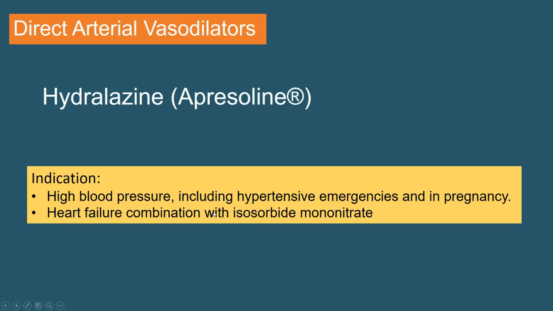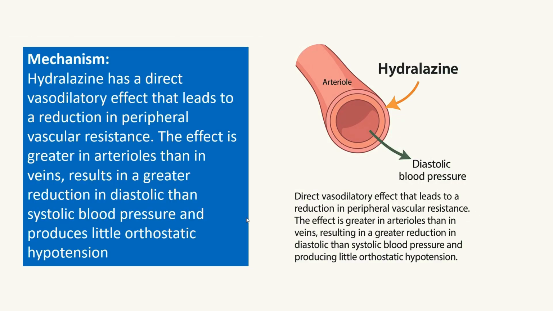Therefore, it is used in hypertensive emergencies in pregnancy, and can also be used in heart failure along with isosorbide dinitrate or nitrates for patients who cannot tolerate ACE inhibitors or ARBs. Hydralazine has a direct vasodilatory effect that reduces peripheral resistance. The effect is greater in arteries than veins, so there is a reduction in diastolic more than systolic pressure and it produces little orthostatic hypotension.